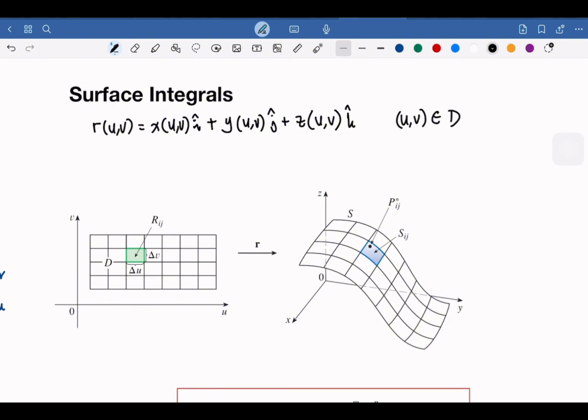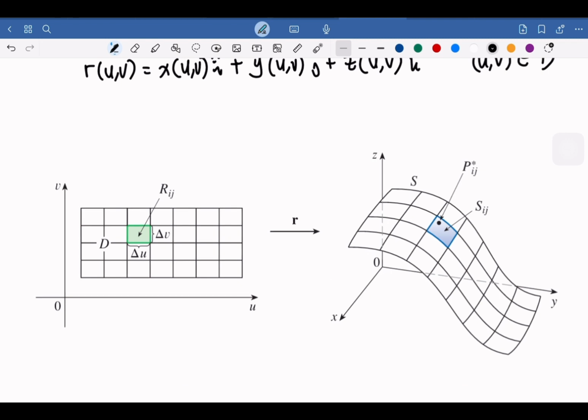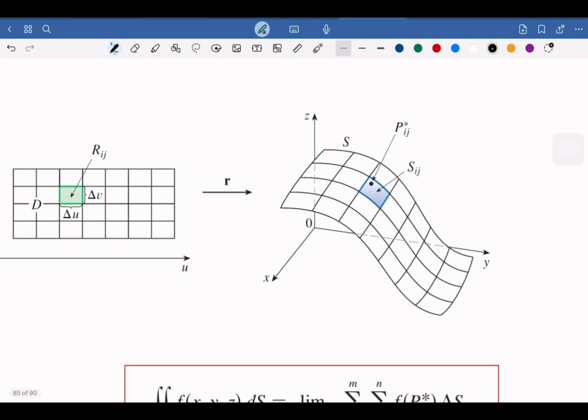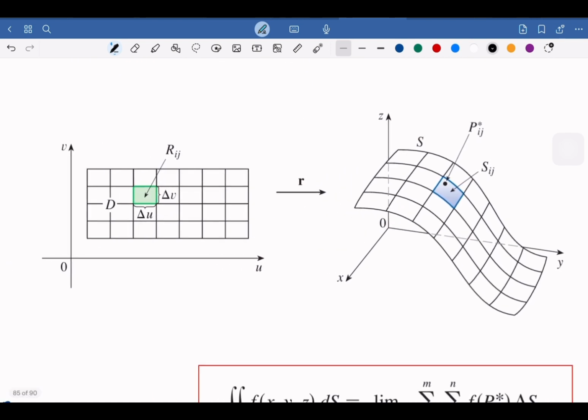And suppose that the u, v is in a domain. And assumptions, the domain of the parameter will be a rectangle, like this picture here. And we subdivide into sub-rectangles with dimensions of delta u, delta v, precisely the same as the previous picture. And then we see the surface basically projecting this to the uv axis.